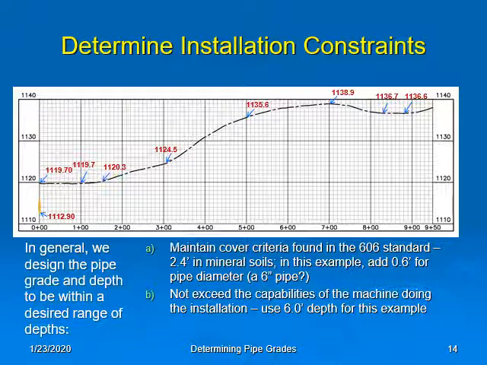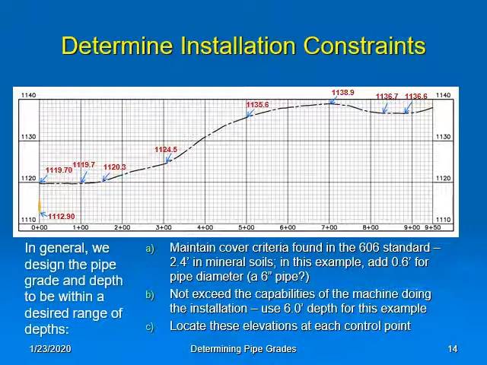The 606 standard calls for 2.4 feet of cover in mineral soils. To find the flow line, I'm going to add 0.6 of a foot for the pipe diameter, such as we might have for a 6-inch pipe. We do not want to exceed the capabilities of the machine doing the installation, and I'm going to use 6 feet depth for this example.